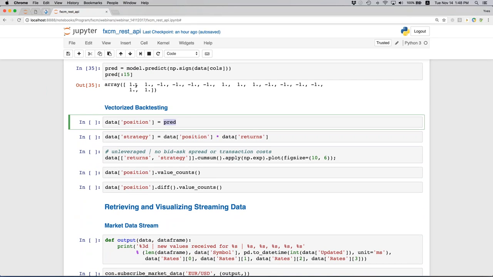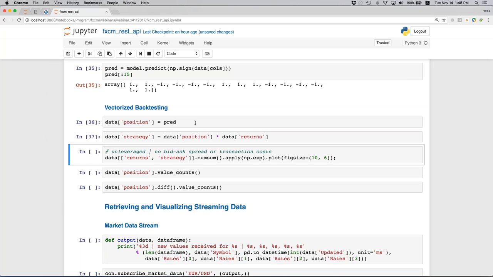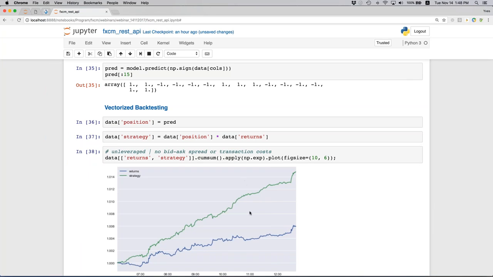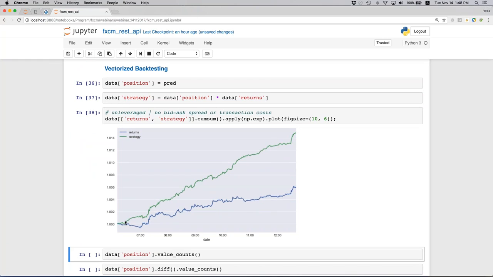Now let me use my prediction values. Here I have now some predictions out of my algorithm, and I put these into the data frame, multiply my predictions by the returns, and here what you see now is the performance of my algorithm, called strategy, green here, versus the blue line, which is the benchmark.